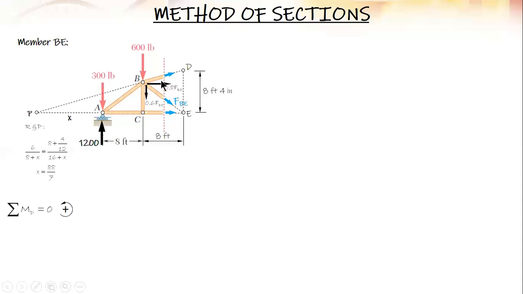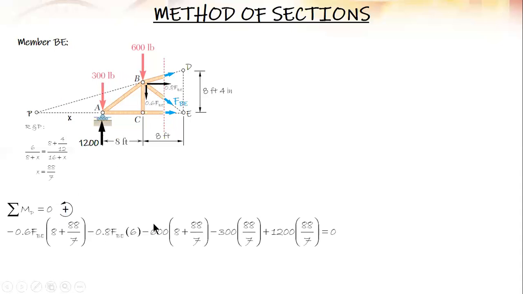For 0.6 F, the distance is 8 plus x, while for 0.8 F, the distance is 6. Simplifying, we have FBE equal to negative 60. Or simply, the force in member BE is 60 pounds, and its nature is compression.